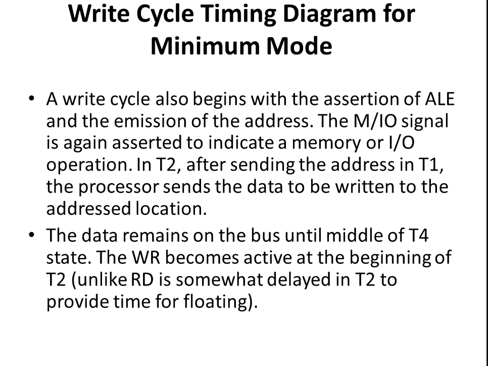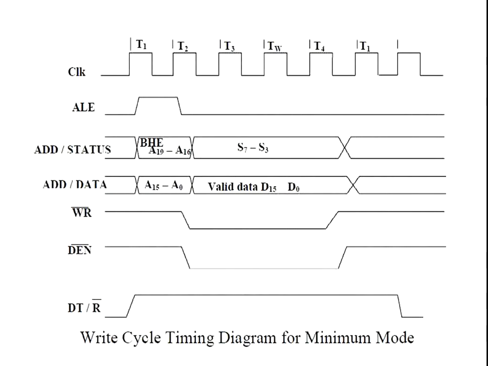Next we can see the write cycle timing diagram for minimum mode. A write cycle begins with the assertion of ALE. We can see the assertion of ALE and the emission of the address. The M/IO bar signal is again asserted to indicate a memory or I/O operation. In T2, after sending the address in T1, the processor sends the data to be written to the address location.